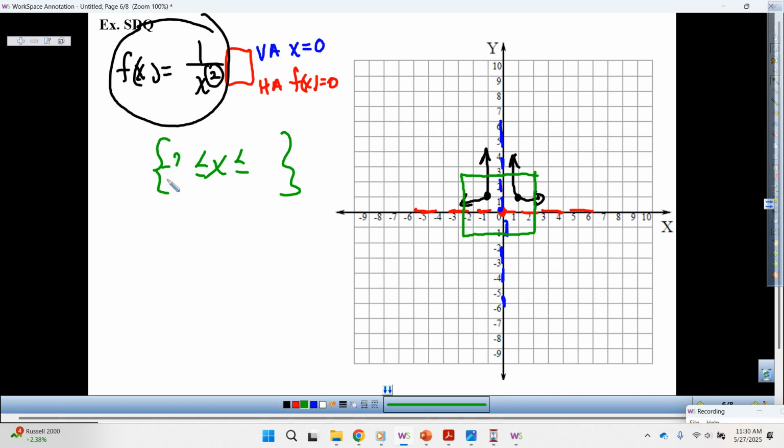The negative 2.5, yes, and positive 2. So that means we're only going to see from here to here and from here to here. Nothing on the outside.